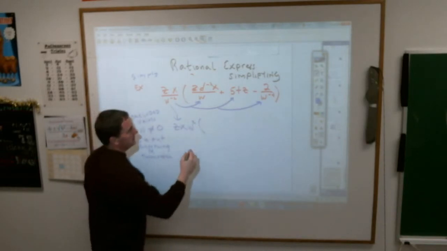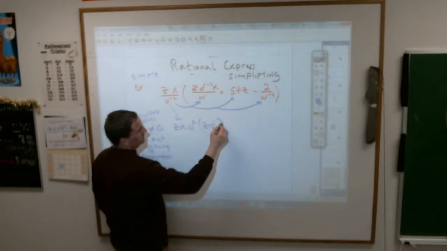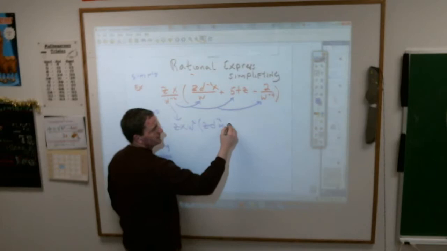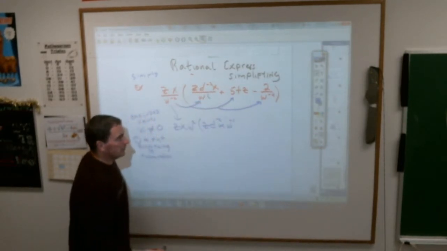And then in parentheses, I still have my two top things there, z, negative 2x, and then I move the w to the top, which is going to make it negative w to the negative 1, because it has a positive 1 exponent, moves to the top, becomes negative 1 exponent.